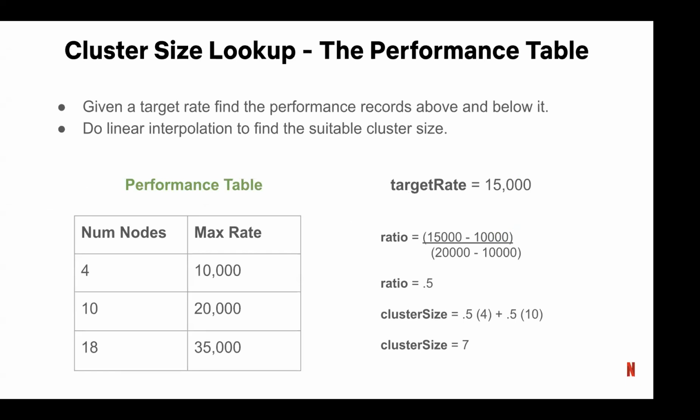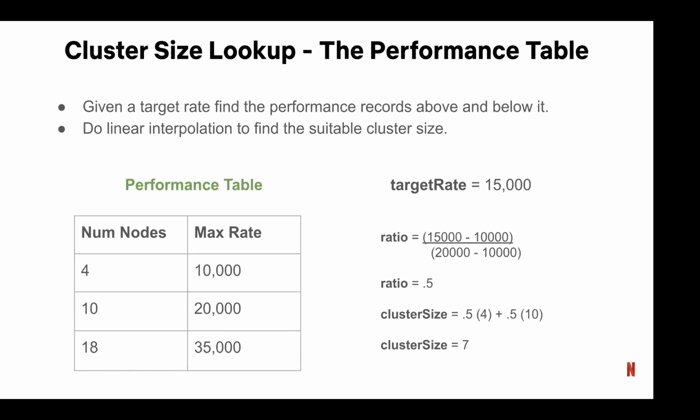So I'll give an example of how this is done. Here we have a simple performance table for a particular router and a target event rate for that router. In the performance table, we can see that the router at 4 nodes was able to process 10,000 events per second. The router at 10 nodes was able to process 20,000 events per second, and so on.